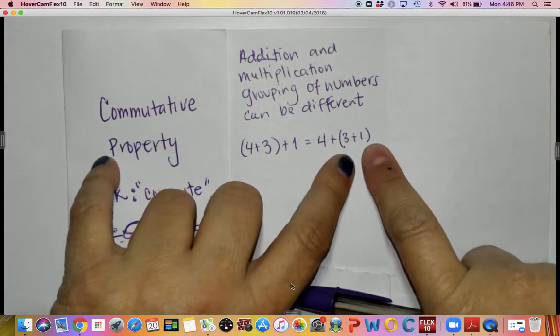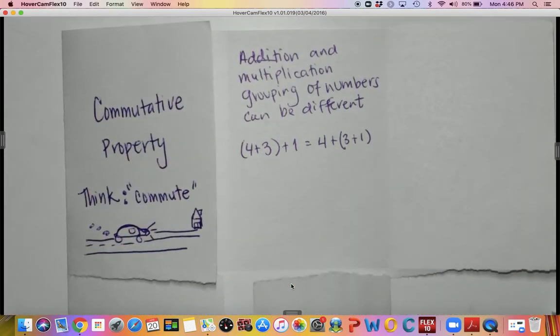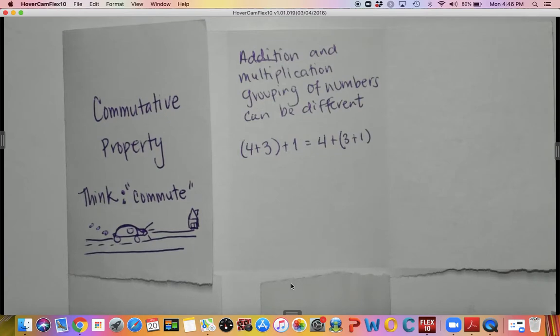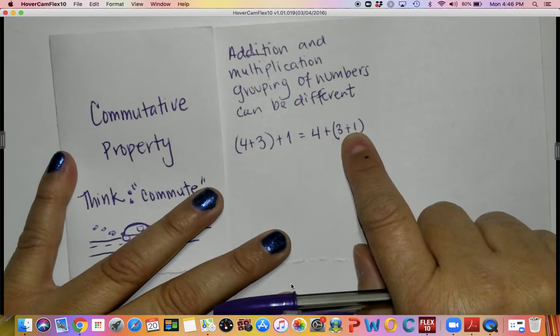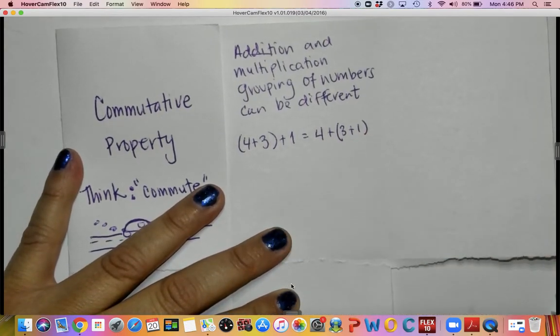Here my group is 3 plus 1, but they're all the same numbers. So it all can be in a different order. The value will still be the same. 4 plus 3 is 7. 7 plus 1 is 8. Here it would be 3 plus 1 is 4. 4 plus 4 is 8. Okay? The value doesn't change.